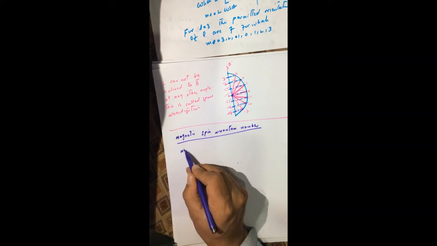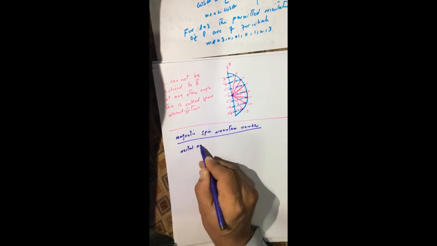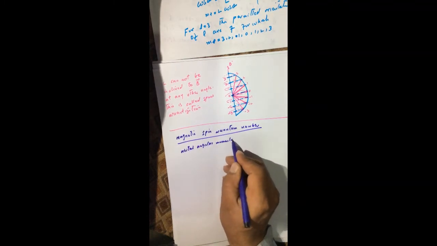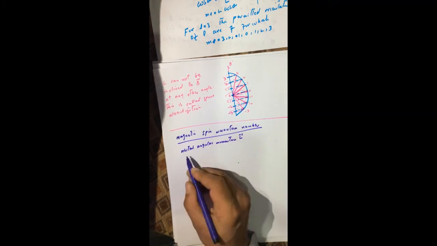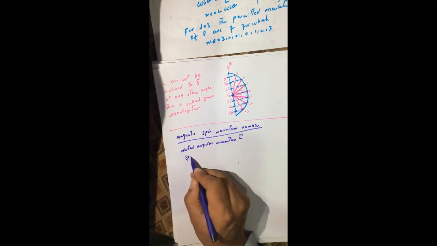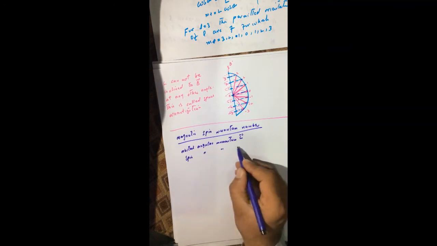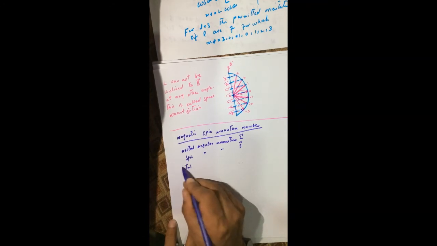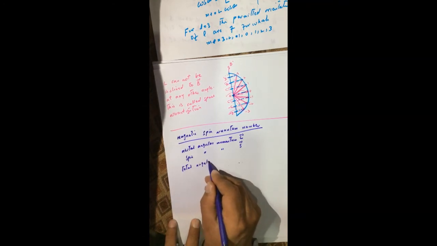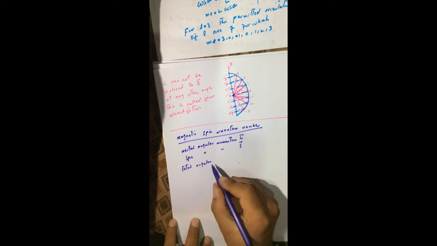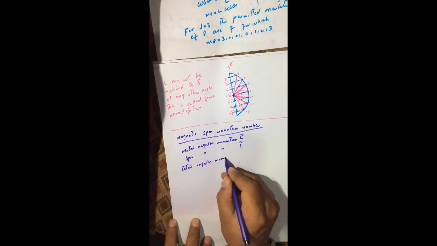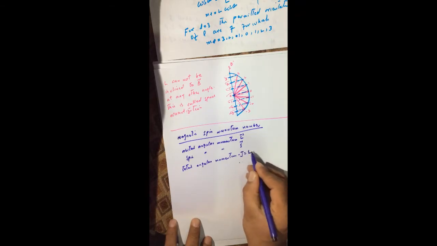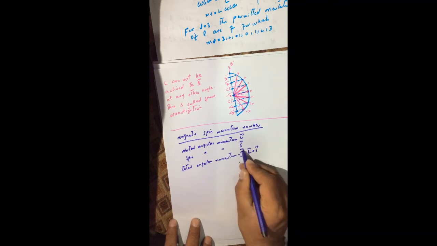One is orbital angular momentum L. The other is spin angular momentum S. And their sum is called total angular momentum, which we represent by J, which is equal to L plus S, the sum of orbital angular momentum and spin angular momentum.